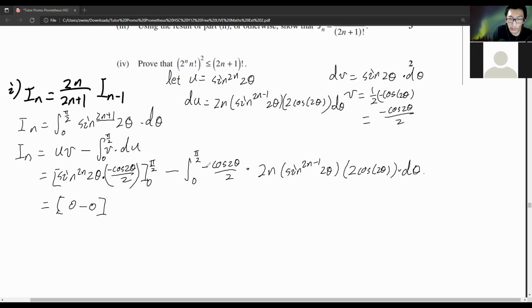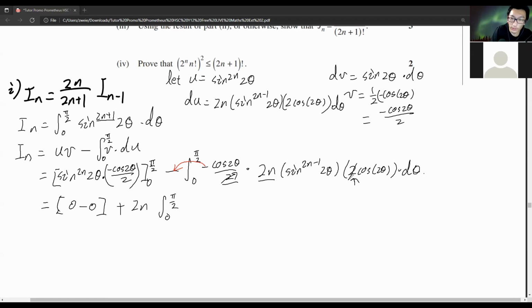Now in the second part, I'm going to take the negative out, so I get a positive, and I'm going to take the 2n out. So I get 2n, the integral from 0 to pi on 2. The bottom 2 and this 2 will cancel out.